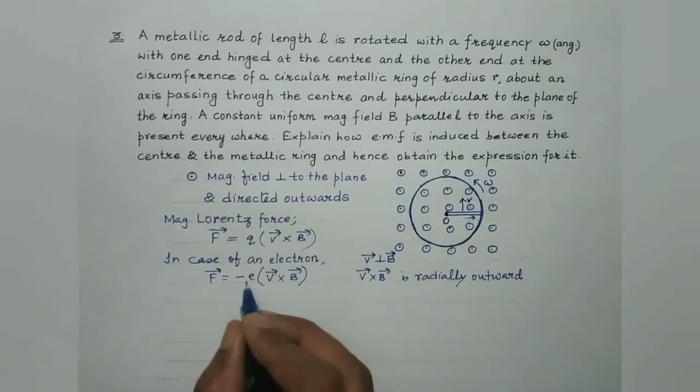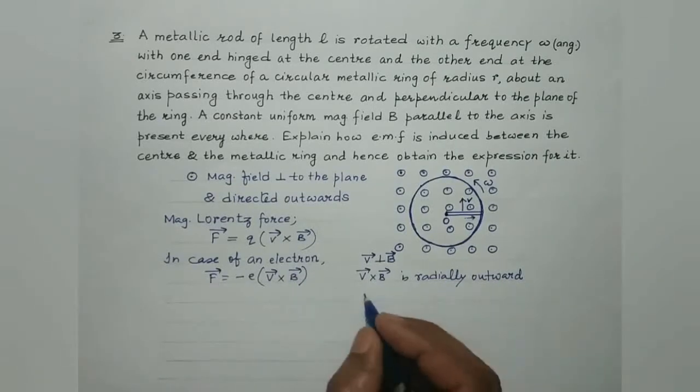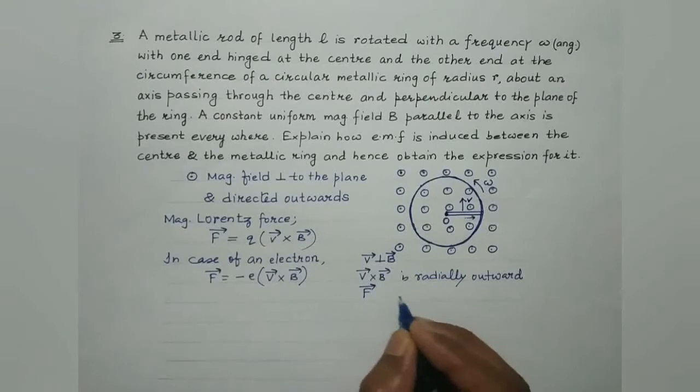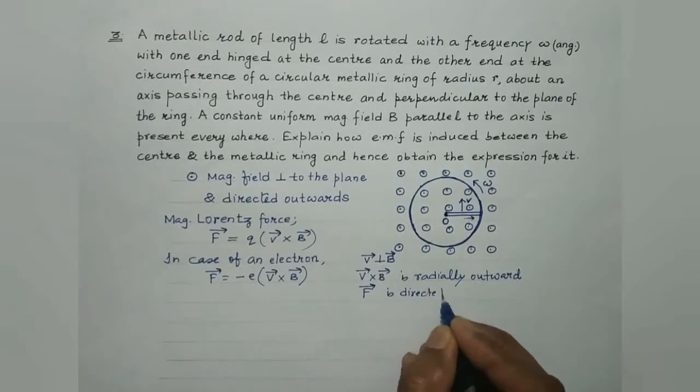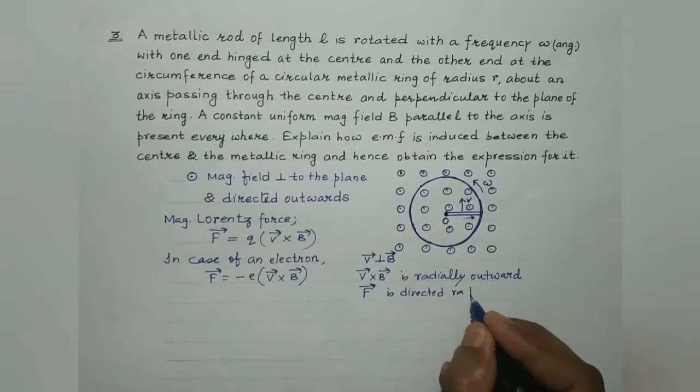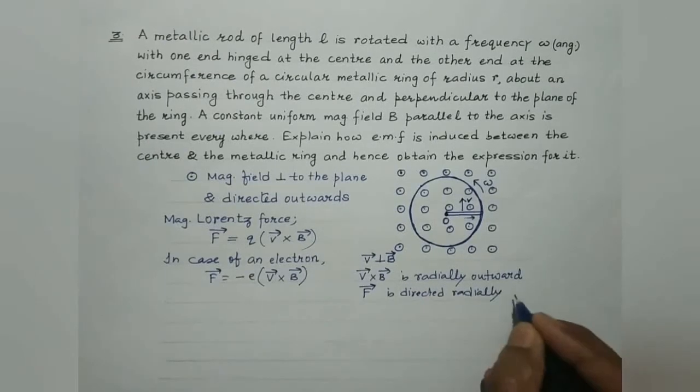So therefore, F vector being negative of V cross B, it will experience a force directed radially inwards.